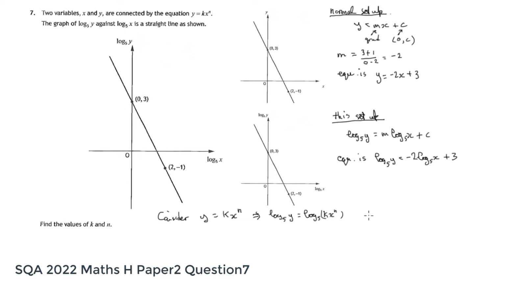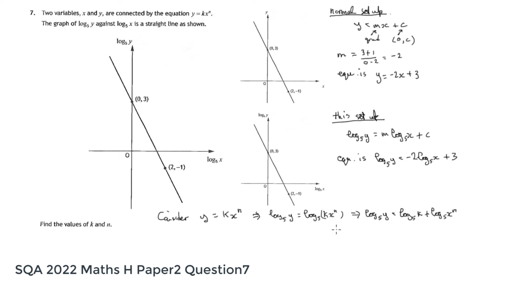Now, the laws of logs tell us that if we have the log of a product, multiplying two numbers, then we add the logs. So in this case, we'll have log to the base 5 of k plus log to the base 5 of x to the power n. And another law of logs tells us that this power here can drift down to the front.